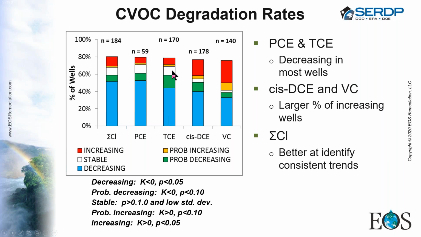In a smaller percentage, these compounds were going up or just weren't changing. When you go over to DCE and vinyl chloride, the fraction that are going down is much smaller, and the number of sites where it's going up is significantly higher. We all know that degrading DCE and vinyl chloride is harder than degrading the parent compounds. This is no big surprise.